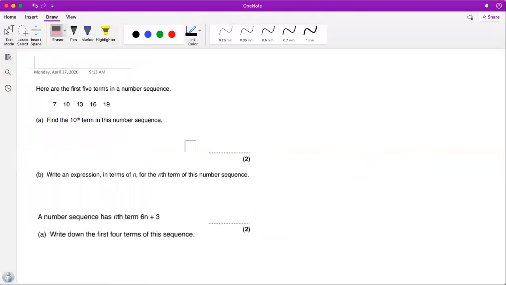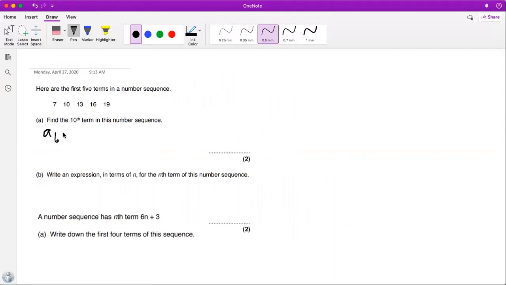Basically, we have these three questions here. So here they give you a sequence, 7, 10, 13, 16, 19, and they say find the 10th term. And maybe you can see that to get from one term to the next, you're just adding 3 each time. So A1 is 7, A2 is 10, A3 is 13, A4 is 16, A5 is 19.